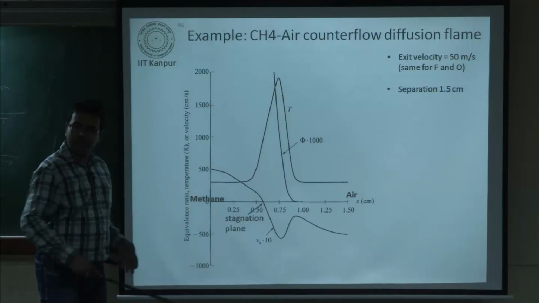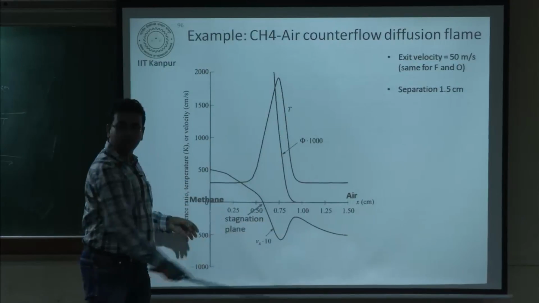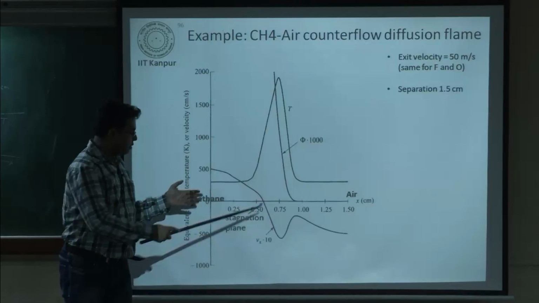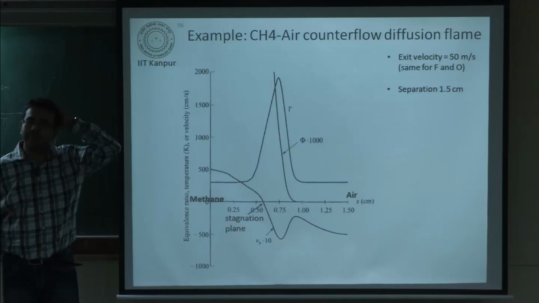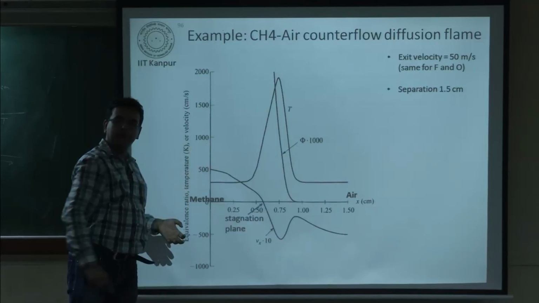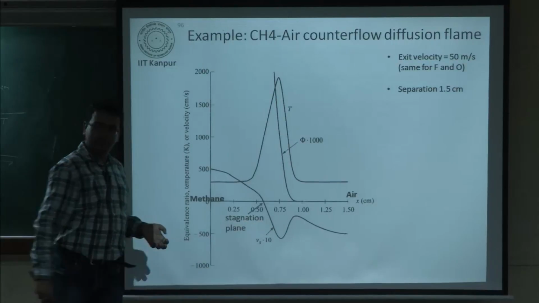If there is no reaction, you would expect that this is a stagnation point and then it will go to the air velocity there. But why is it happening like this? Yeah, because of the change in density due to the high temperature. You see that there is a peak and trough.